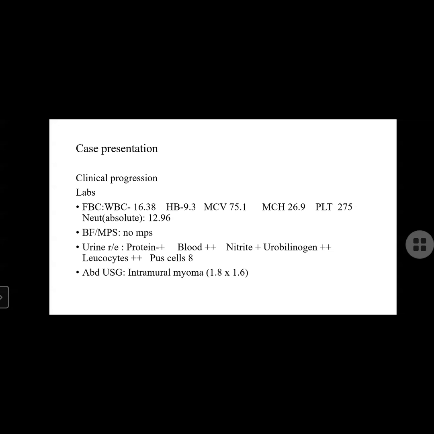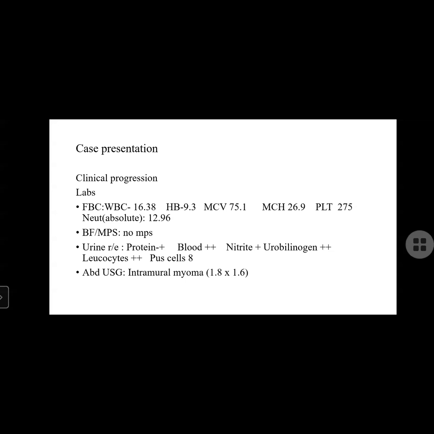One of the side effects of the PPI is pyuria. Same with NSAIDs, and same with tuberculosis. Like Vivian rightly mentioned, the only group of people that we treat for asymptomatic bacteriuria is pregnant women, because of the risk to the fetus, because of the risk to the pregnancy.